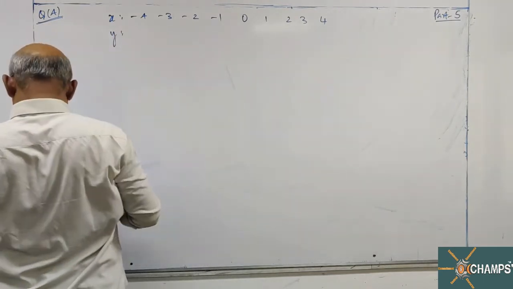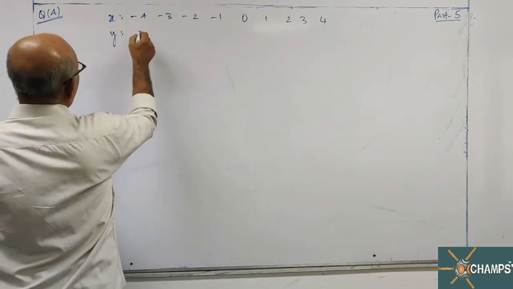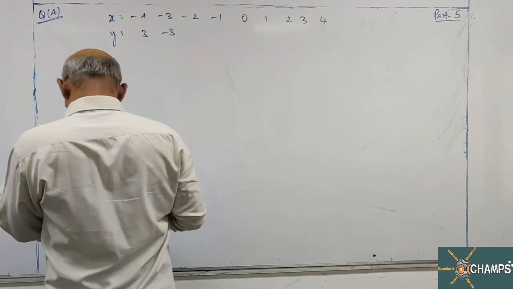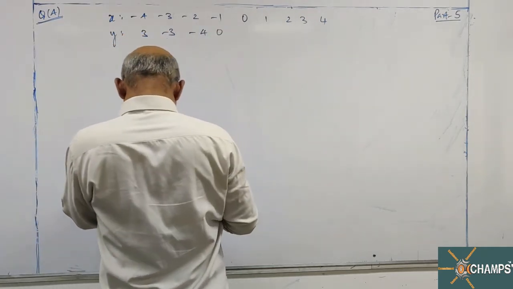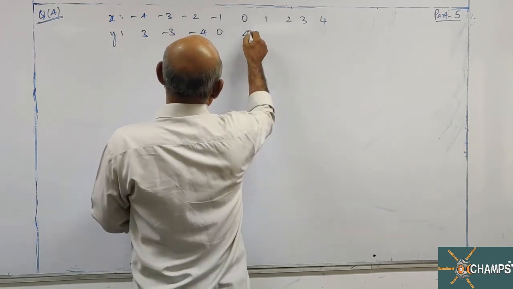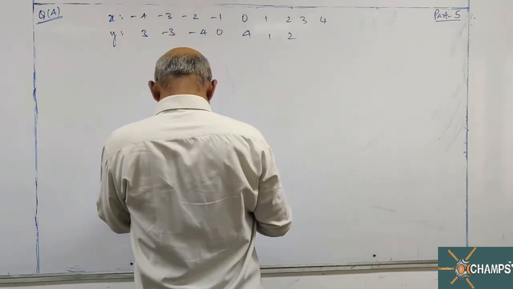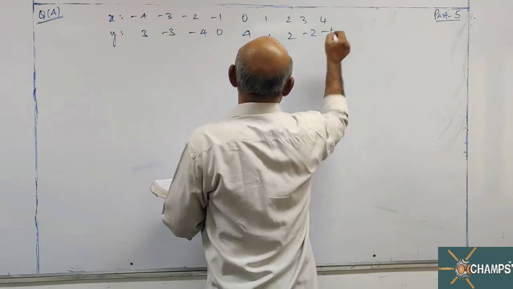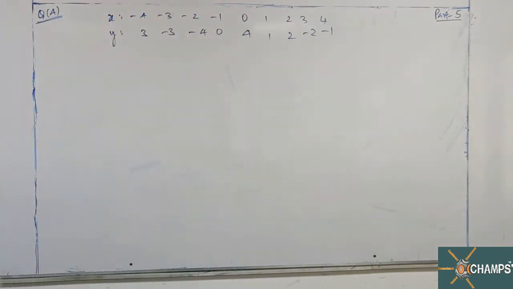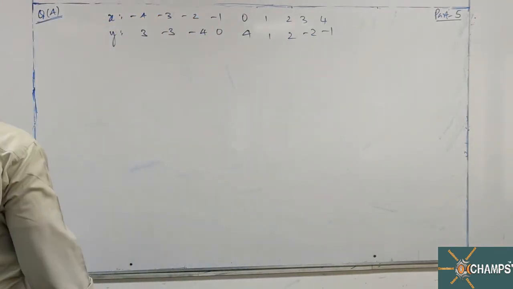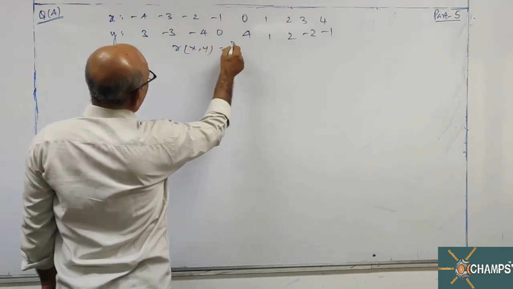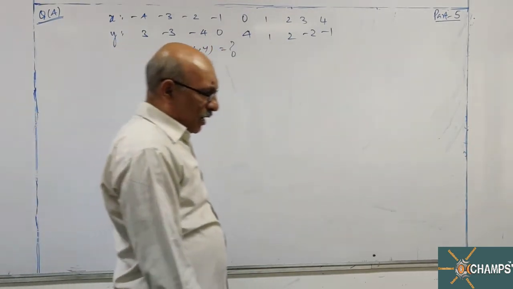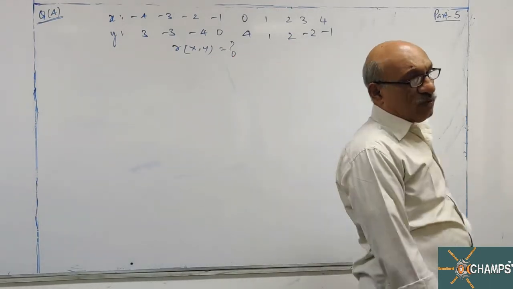Small y is equal to 3, -3, -4, 0, 4, 1, 2, -2, -1. R of x comma y is equal to question mark?